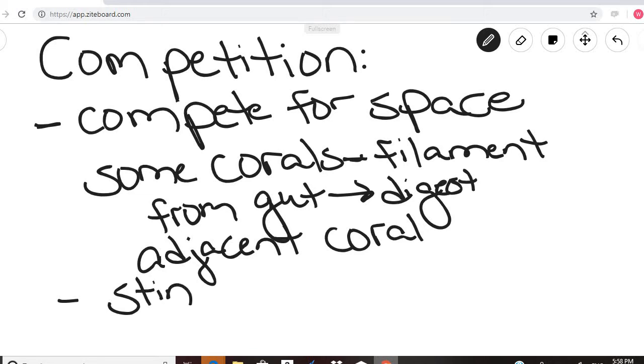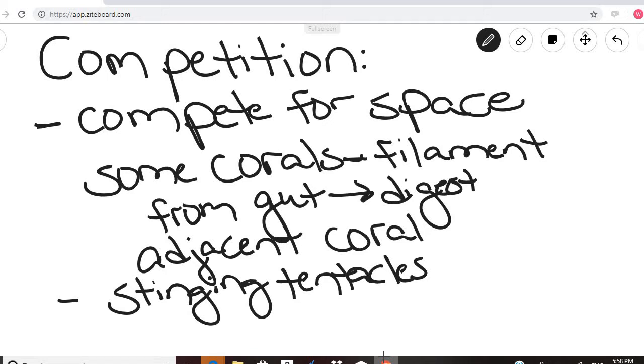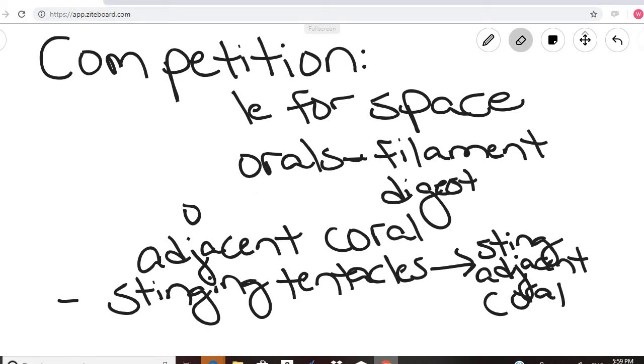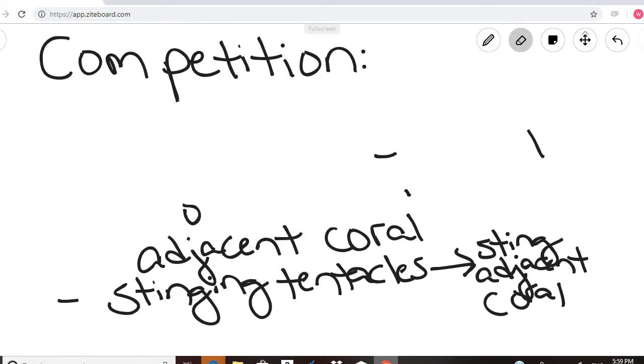As we mentioned before, some types of coral have stinging tentacles. So they will use those stinging tentacles to sting adjacent coral. So that's one way that one type of coral can dominate a given area. Another thing in terms of competition is that some coral will grow faster than others.